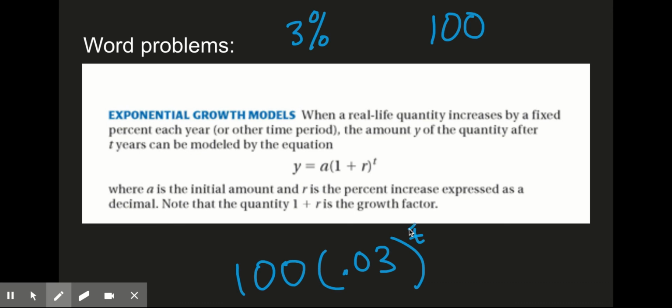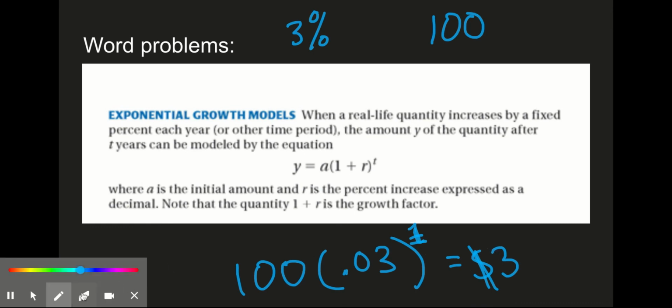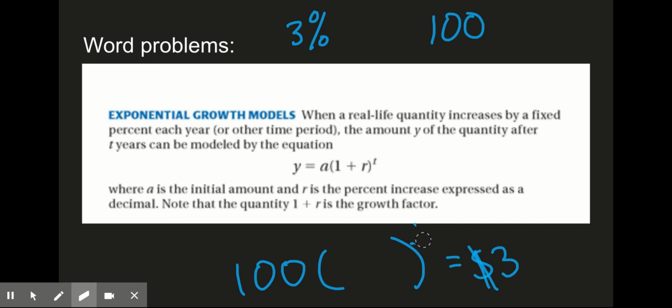If it's been 1 year at 3%, when you do this, you'll get $3. But is $3 in your account? No, $3 is what you made. That's what you added to your account. But $3 is not in your account. So what you want to do instead is take that percent when you write it as a rate and add it to 1 because I'm growing.